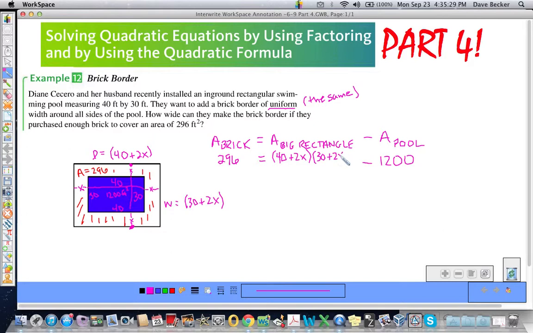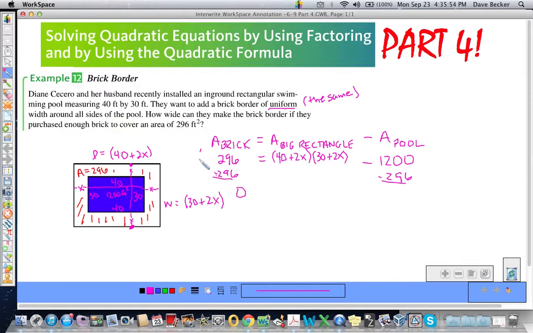And since we let x represent the width of the sidewalk, if we solve for x, we are in business. Okay. Well, the first thing I'm going to do is subtract 296 from both sides, minus 296. Okay. And now I have 0.